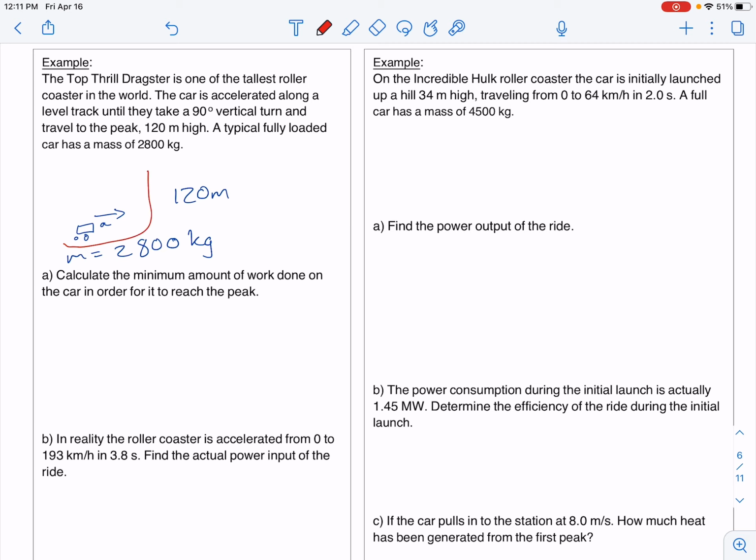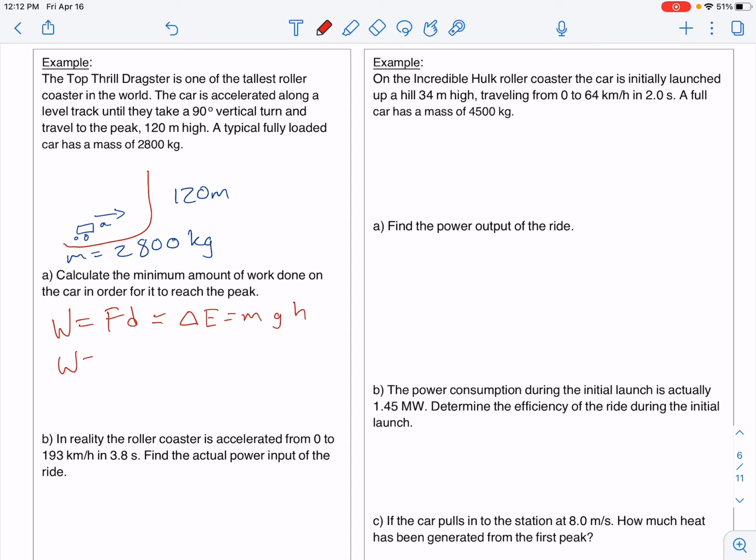All right, so our first step is calculating the minimum amount of work done on the car in order for it to reach its peak. When we're talking about work, we can apply force and distance, although in this case those are not known, but we also can look at the change in energy, and we do know mass, gravity, and height.